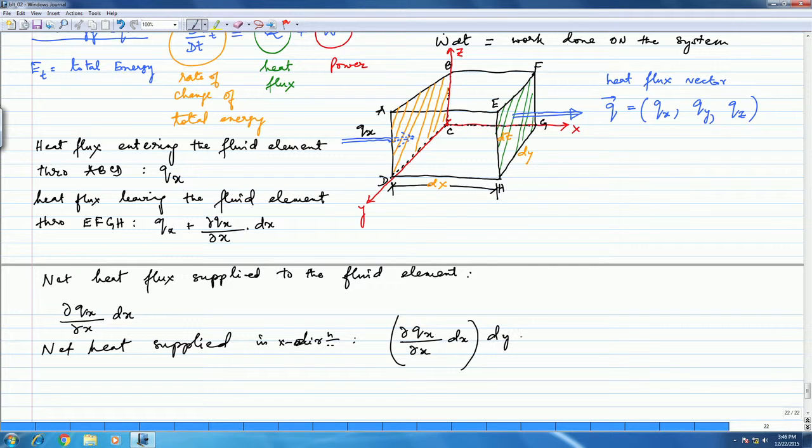So that is dy dz, which basically means dx dy dz, that's nothing but the volume. So it is nothing but del Qx del x times the volume, okay.